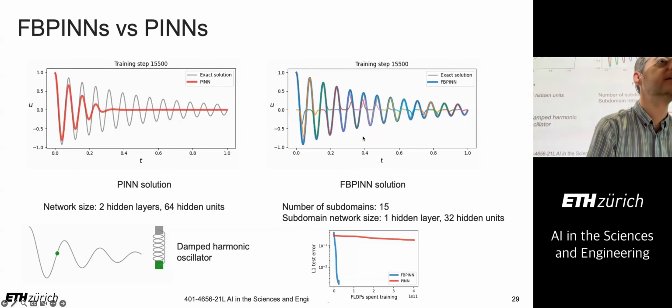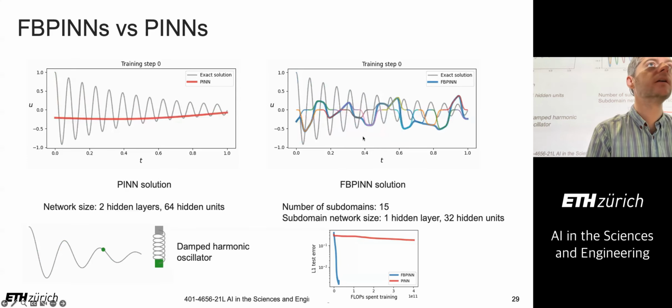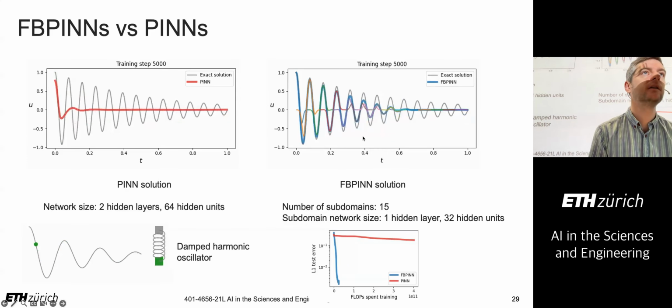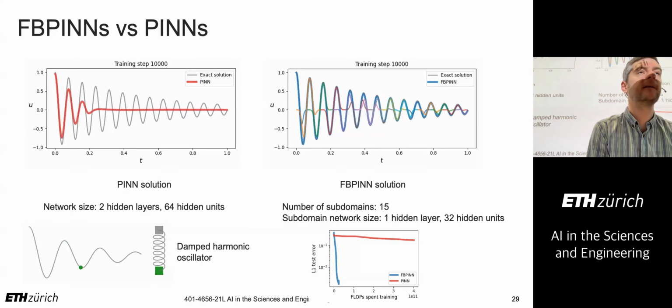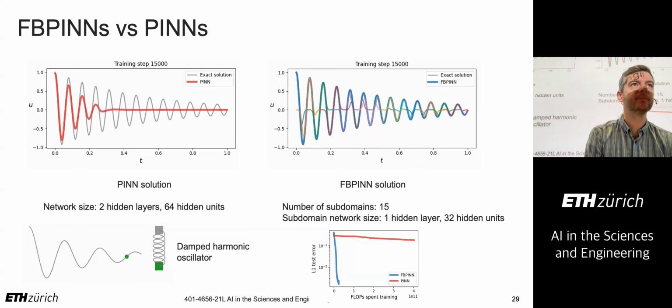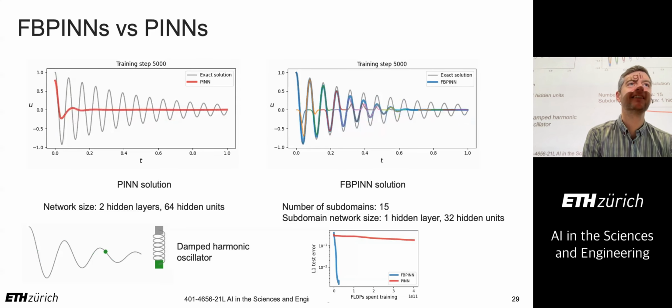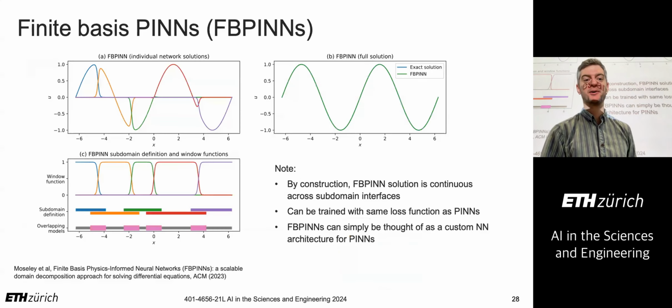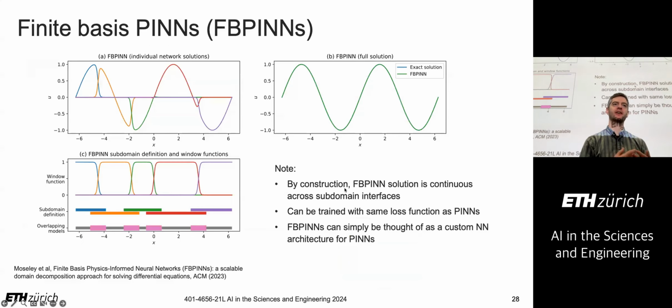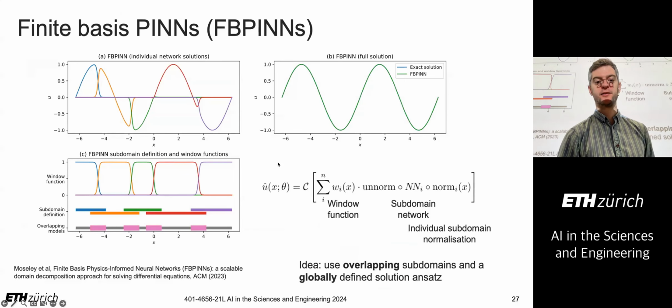What's your question? I look at this the way I would do it in a finite element setting, where I want to look at it as some basis function. Yeah, this is why we called it finite basis PINNs, because the inspiration was from finite element methods, where we say our solution, very similar to this, is the summation over lots of local basis functions.